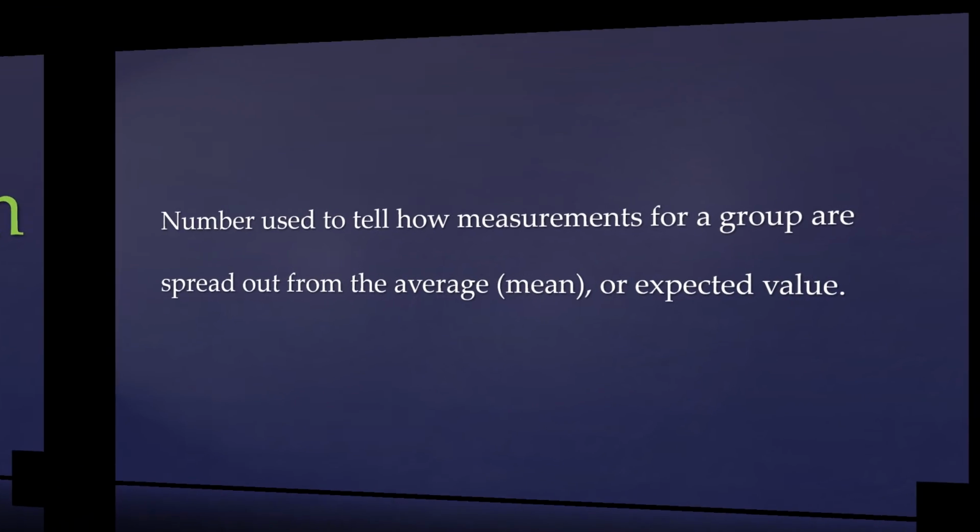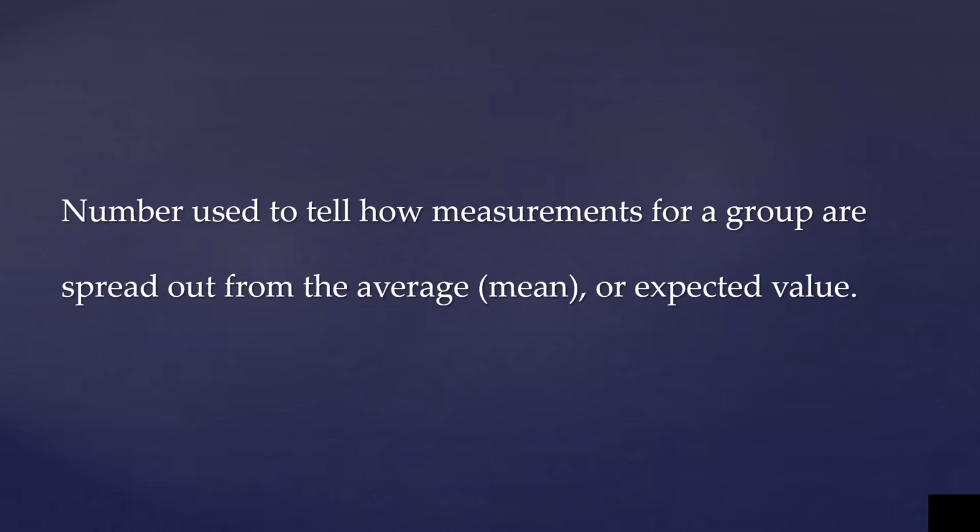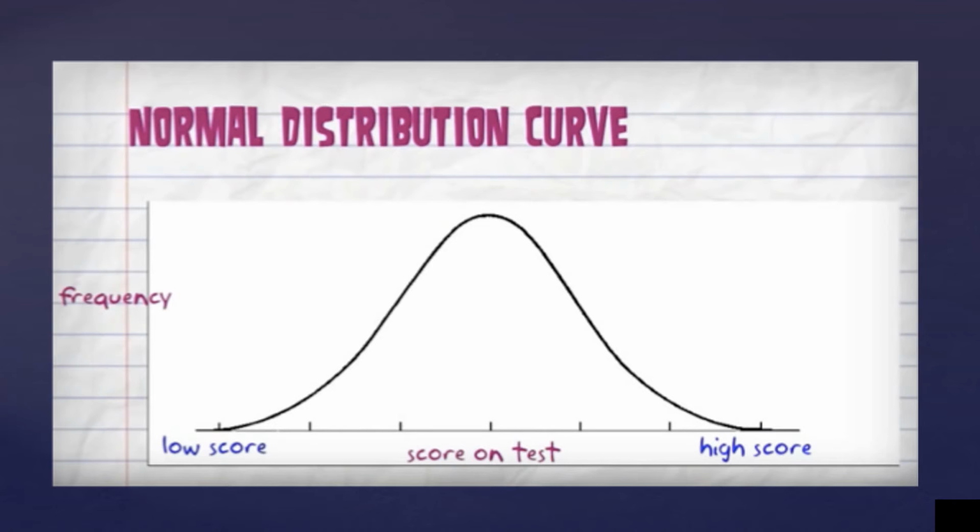Standard deviation is a number used to tell us how measurements for a group are spread out from the mean, or in other words, average or expected value. Let's look at the results of a midterm exam on our graph called a normal distribution curve.